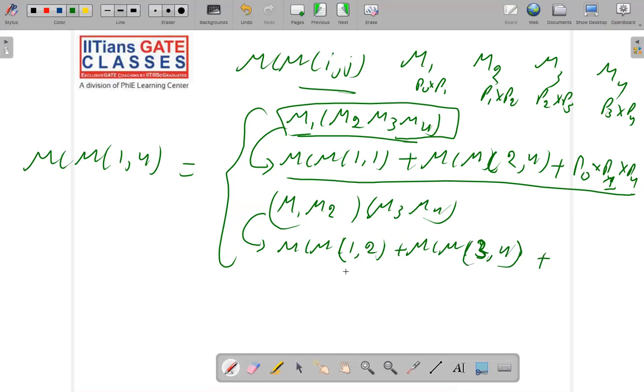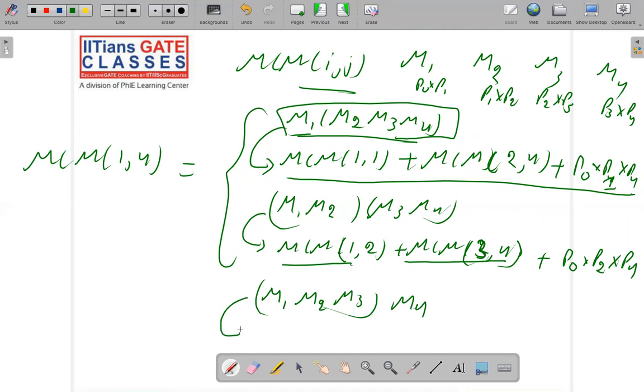And we know that once we multiply these two, it will give us the cost as P0, P2, P4. Okay. Then we have one more choice, which is M1, M2, M3, and at the end we multiply with M4. This can be written in function format as MCM 1, 3 plus MCM 4, 4 plus the related cost P0, P3, P4.